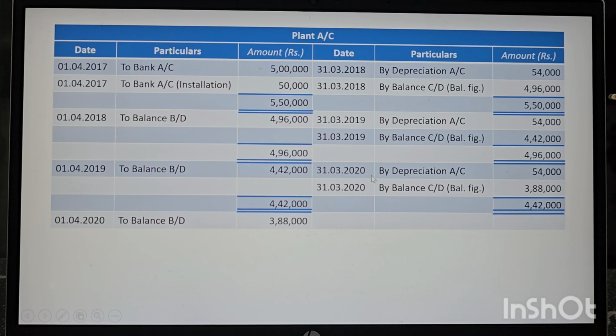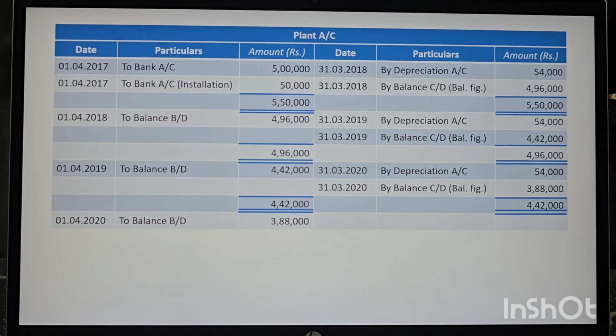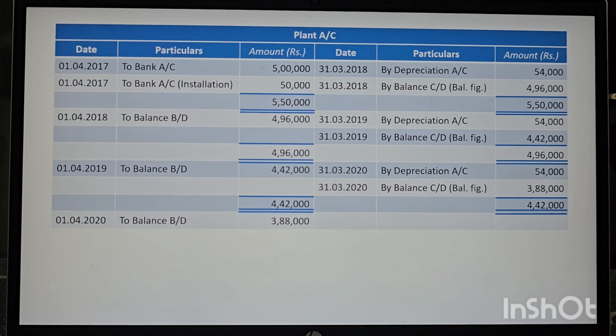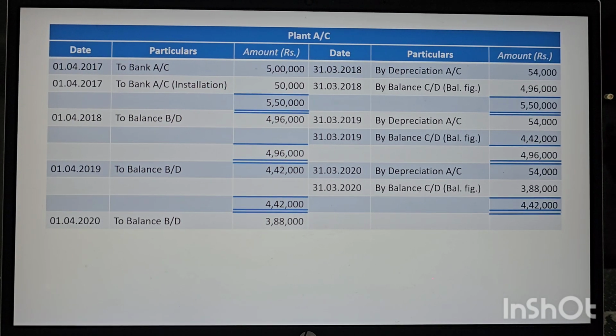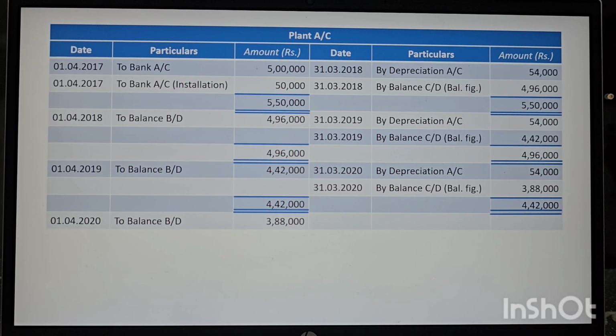And then again on 31st of March 2020, we are charging the depreciation. The depreciation amount is coming up as 54,000. Once this amount is in place, we are again getting the residual balance of 3,88,000, and then this 3,88,000 is being transferred on the next date, that is 1st of April 2020, as the opening balance.